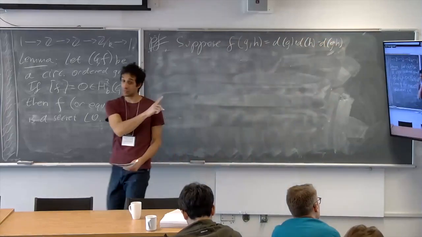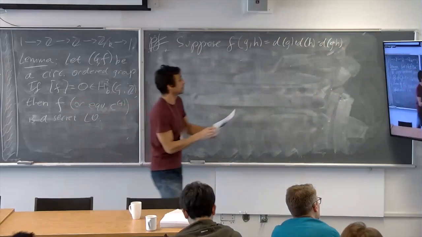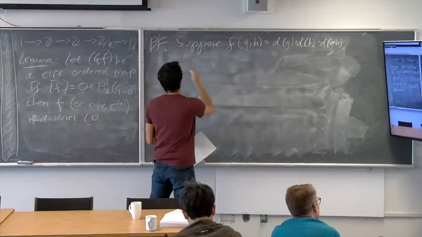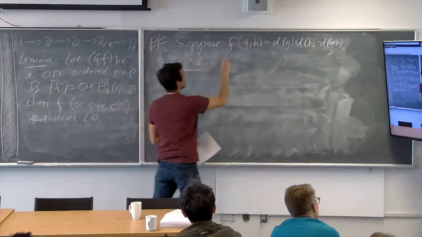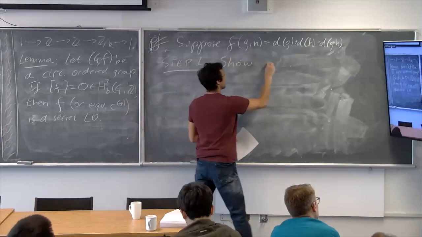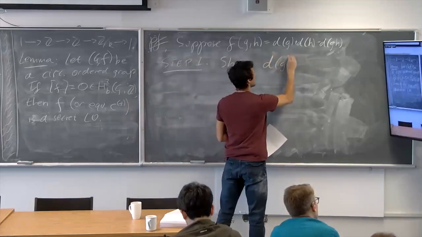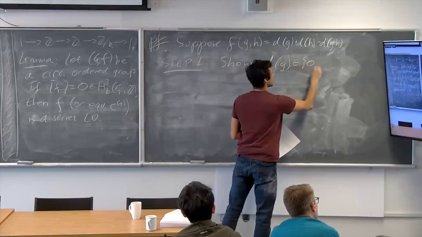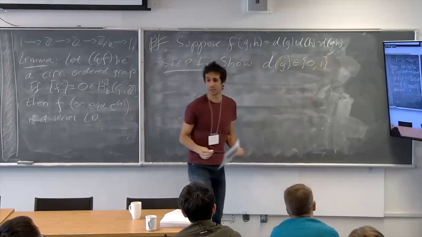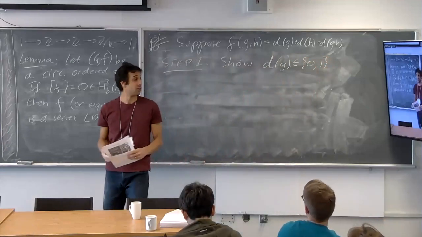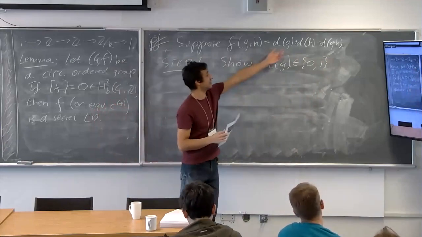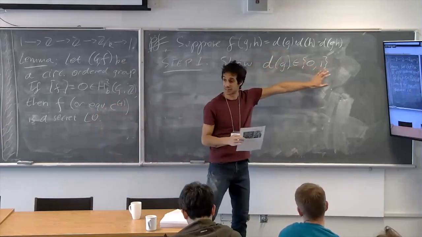Both these functions are bounded. In particular, d is bounded. Step one is you first show that d of g has to take values in 0 and 1. Assuming that d is bounded, you can show that this has to happen.